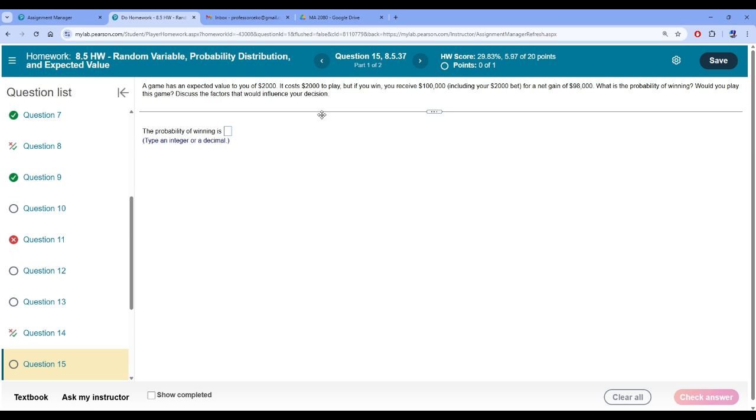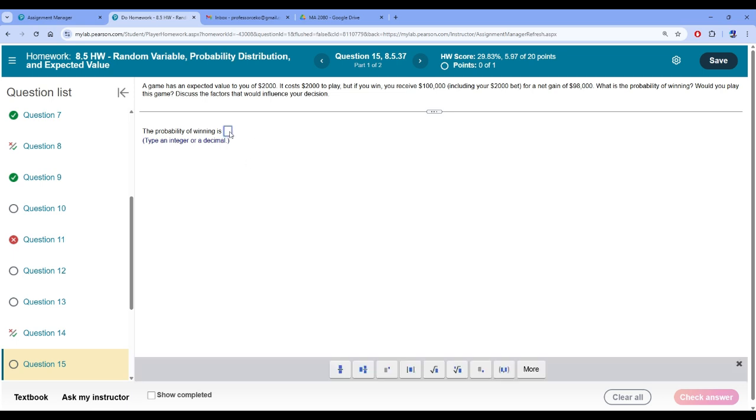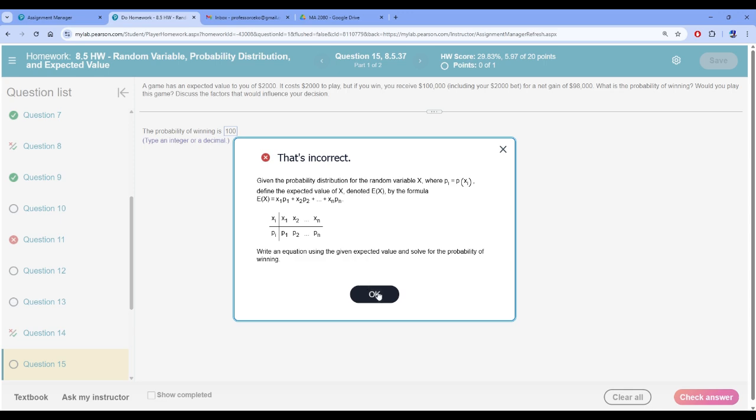Would you play this game? A game has expected value to you of $2,000. It costs $2,000 to play, but if you win, you receive $10,000. 100%. No, not 100%. One.